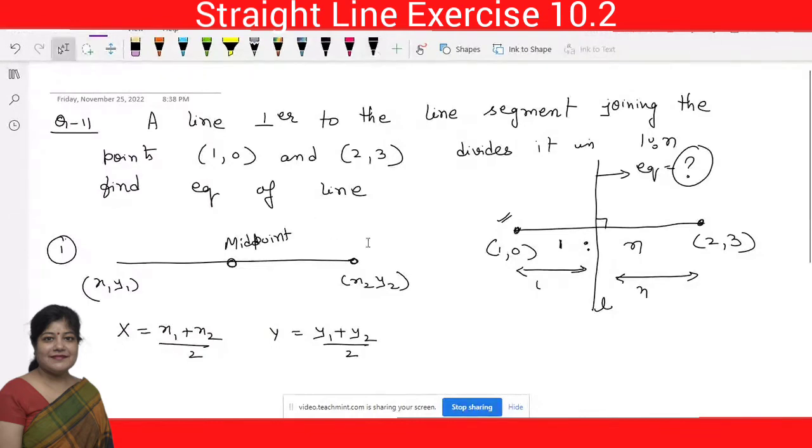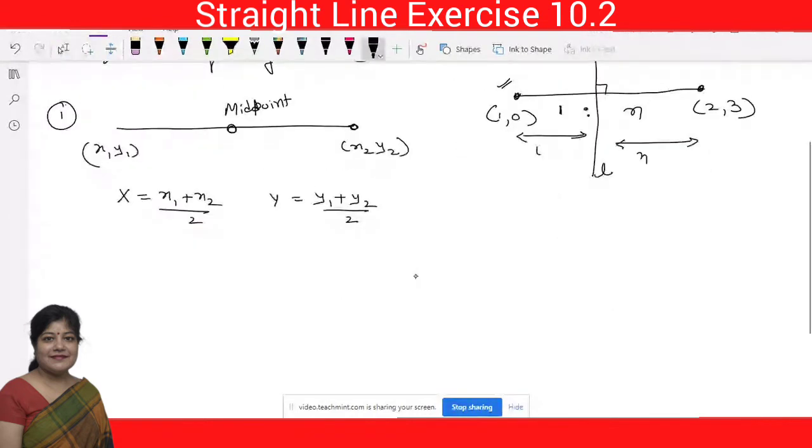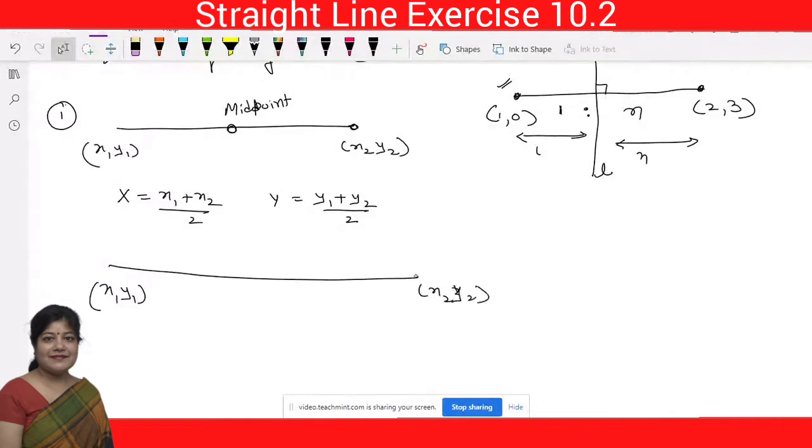Now, for example, if I say that we have another line, and we have the point here, not in the middle, and this ratio is m is to n. So how can we find the coordinates of this point?